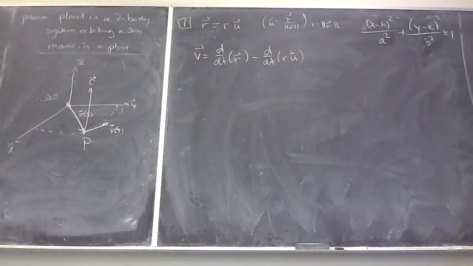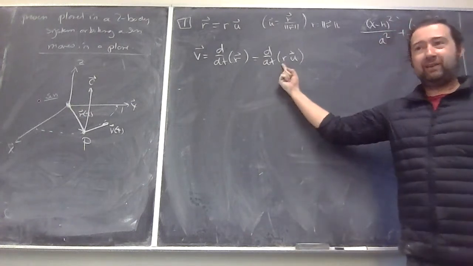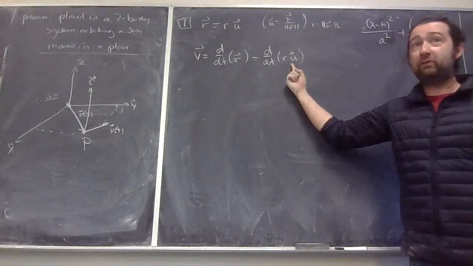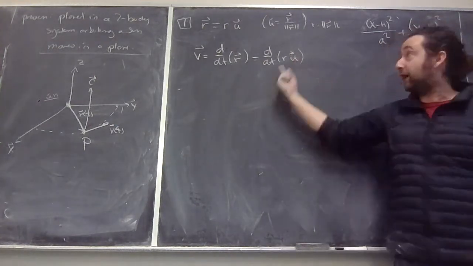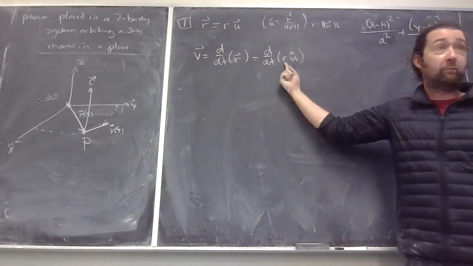It's going to feel kind of like cheating. Because now r is a function of time, and also u is a function of time. So I have to use the product rule here, right? This object is moving. The direction that it's pointing in is moving, and also the length of the vector is moving as well. These are both functions of time.